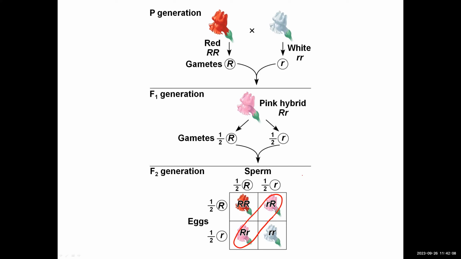Incomplete dominance will give us a phenotypic ratio that looks just like the genotypic ratio of 1 red, or homozygous dominant, to 2 pink, or heterozygous, to 1 white, or homozygous recessive. The first tip-off that incomplete dominance is present is the appearance of the new phenotype.